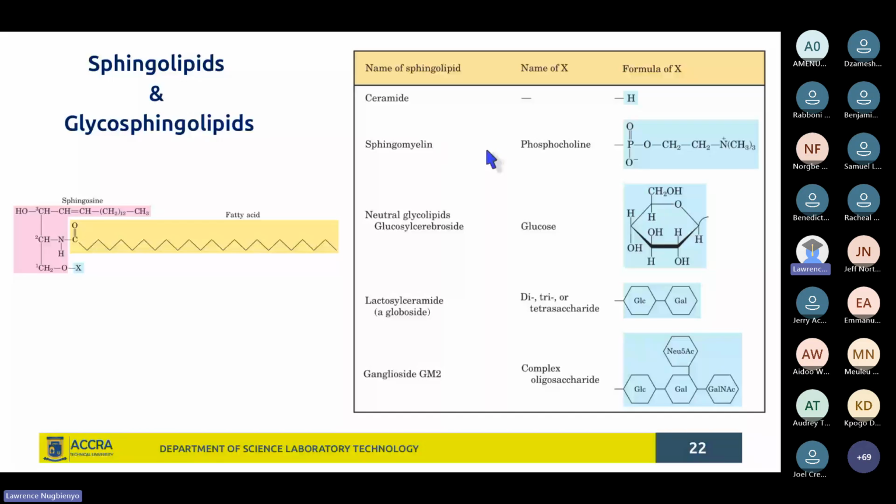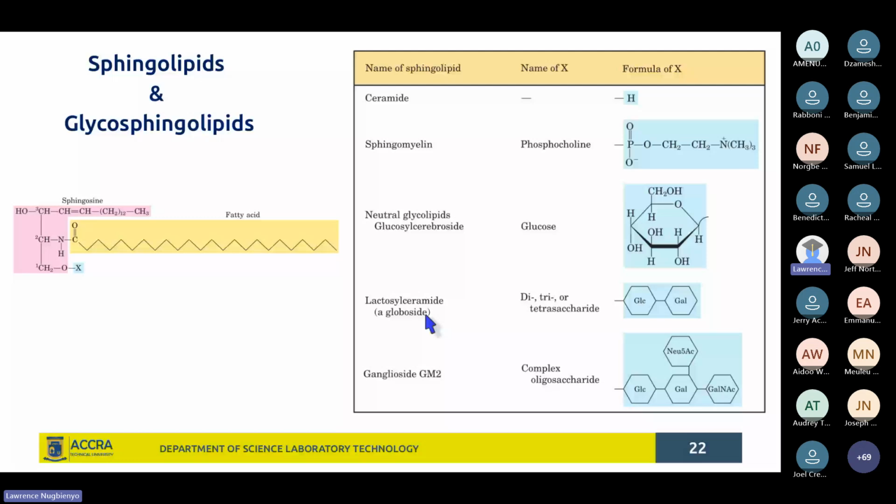And even in place of that X substituent, you can have glucose, and that is glucosylcerebroside. Again, you find this in the nervous system, because the name even tells you, cerebroside. So this will be in the neurons, which carry out functions of nerve signals. You have the lactosylceramide, which sometimes is also referred to as a globoside.